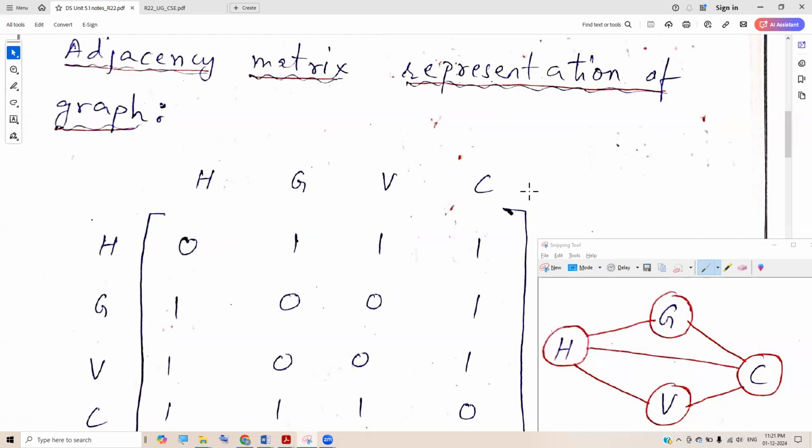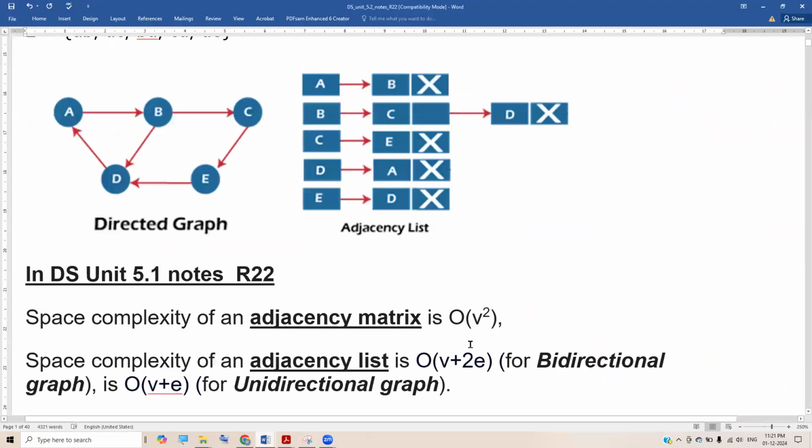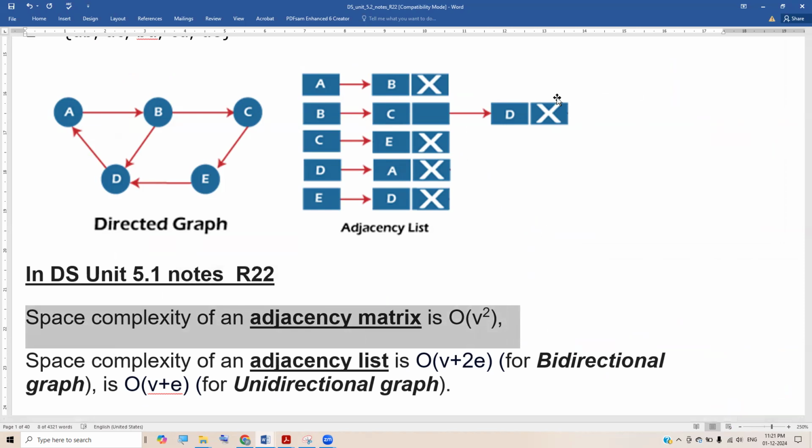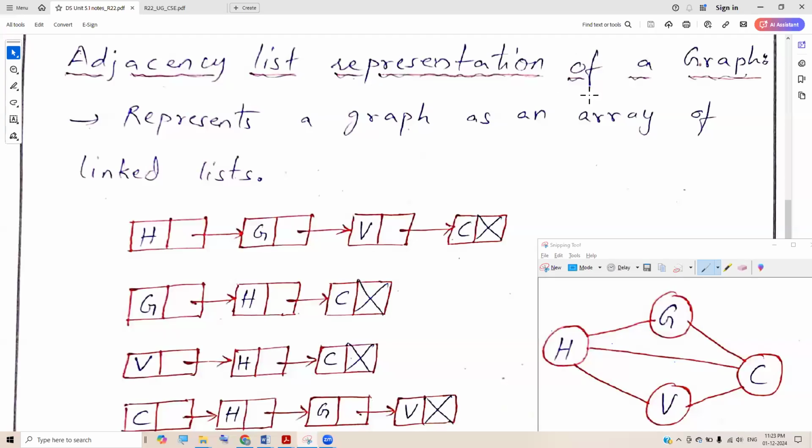So if we have V number of vertices, then the space complexity is of the order of V square when we consider the adjacency matrix representation.